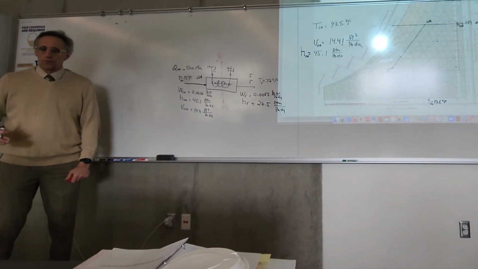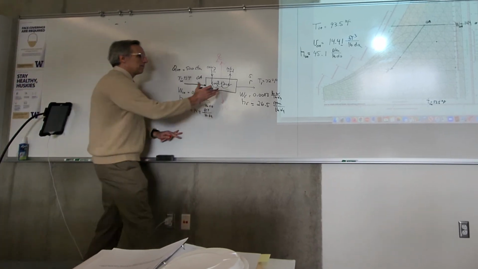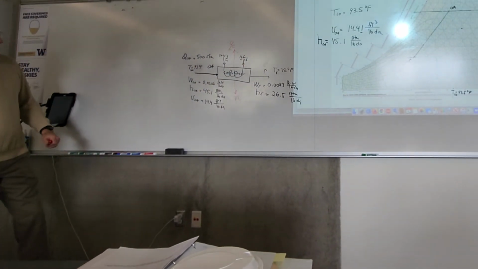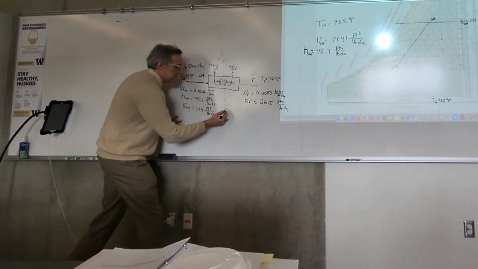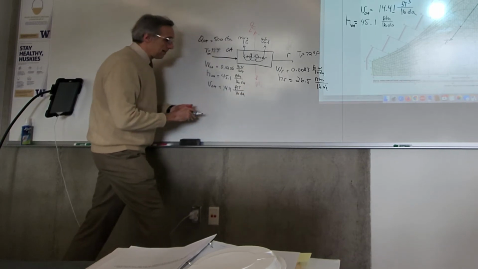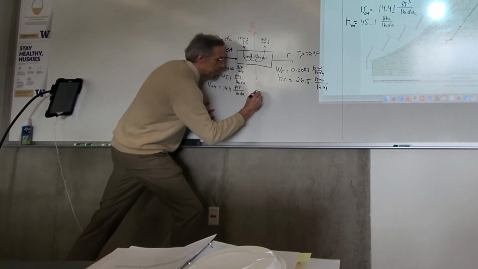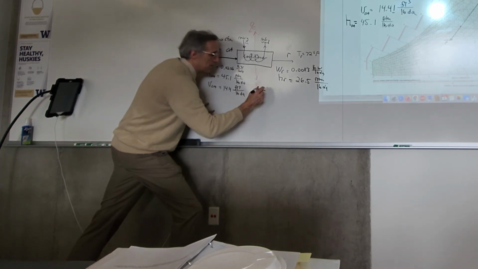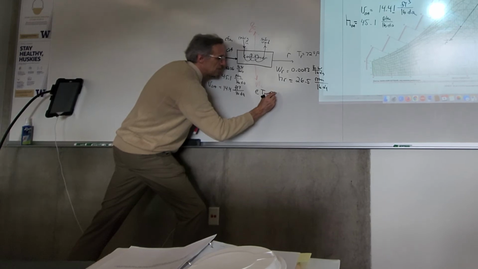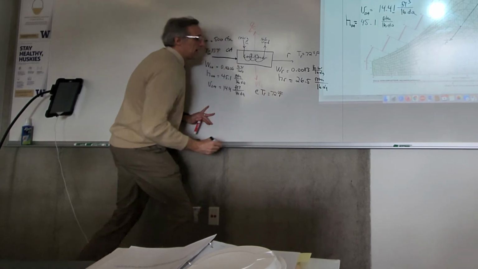It's supply air to the room. But this is kind of strange to do it like this. I hope I don't end up confusing you by doing it this way. Okay, so this water comes out at the exit temperature here of 72 degrees F.